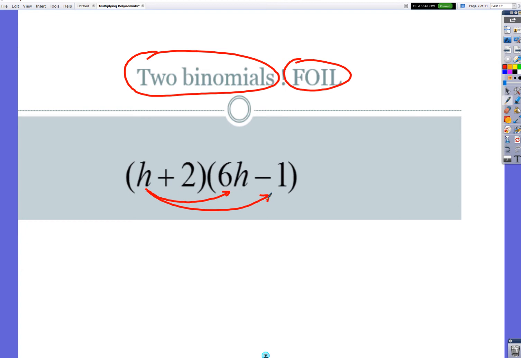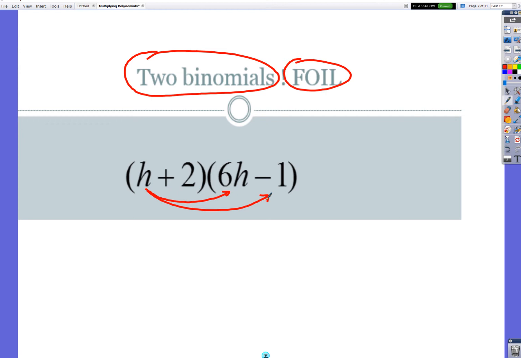The arrows I draw give you a visual; I actually prefer that you don't draw them, but it helps me. I'm just showing you visually what I'm going to do on the board. I'm going to distribute. Foiling is distributing repeatedly. If you understand the distributive property, you should understand FOIL. It's just distributing more than once.